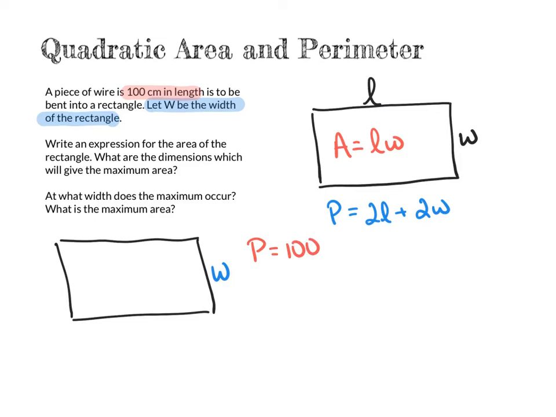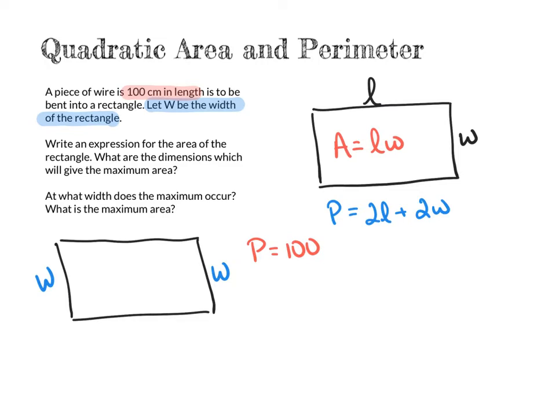And here's what we know. If this is W right here, then this is also W over here. So what we have to do now is try to figure out a way to write the length up here and the length right here in terms of W. Well, you can see from this, if this is W and that's W, you've already taken up 2W from the 100.